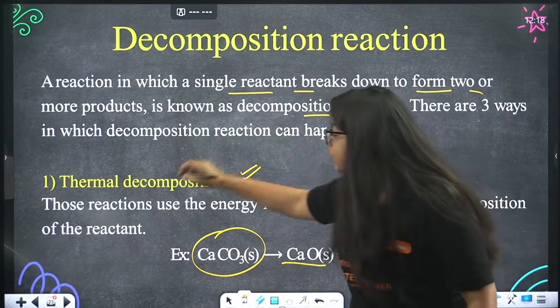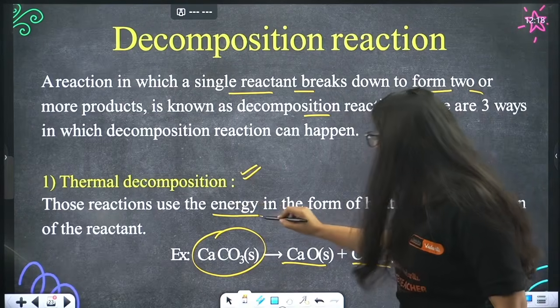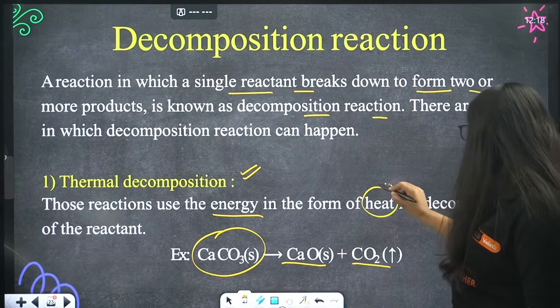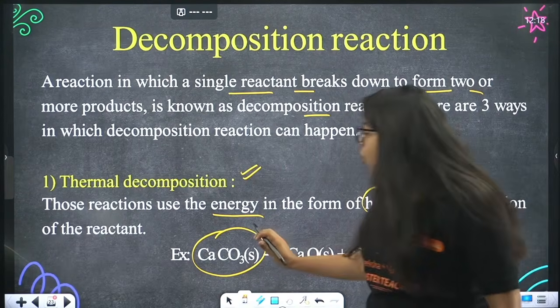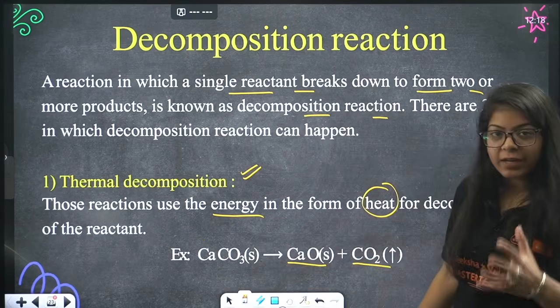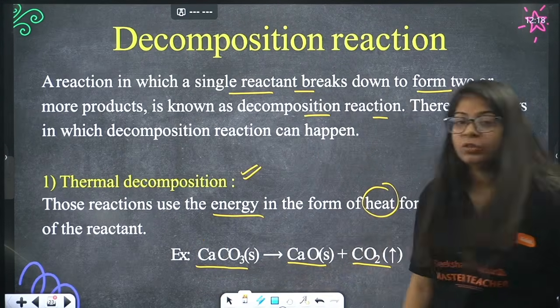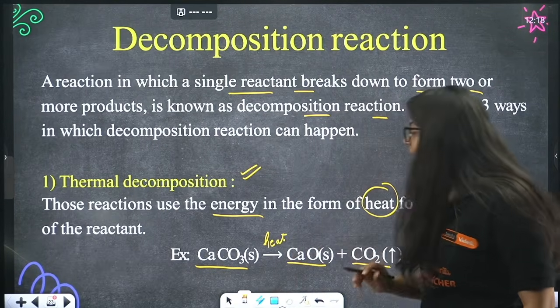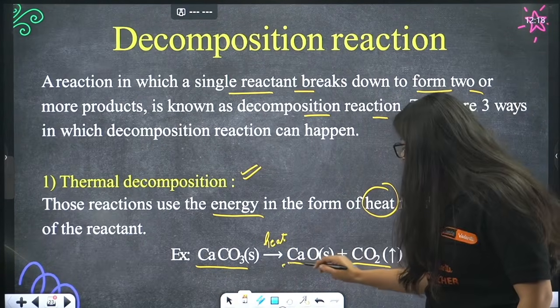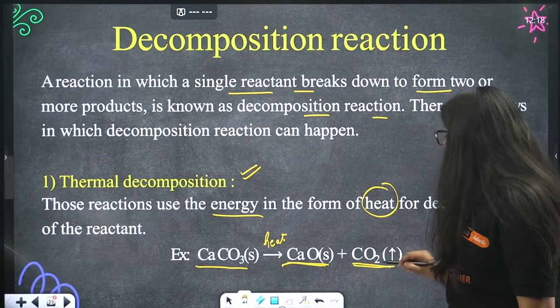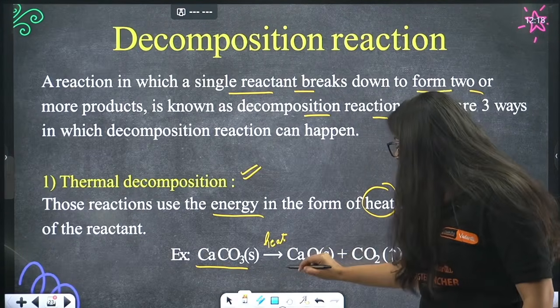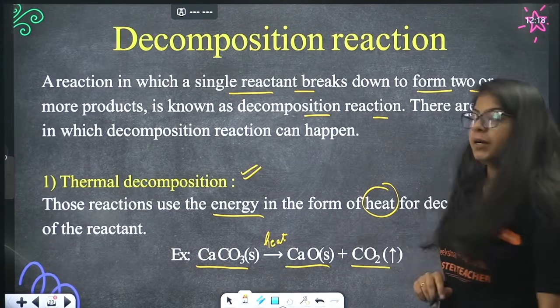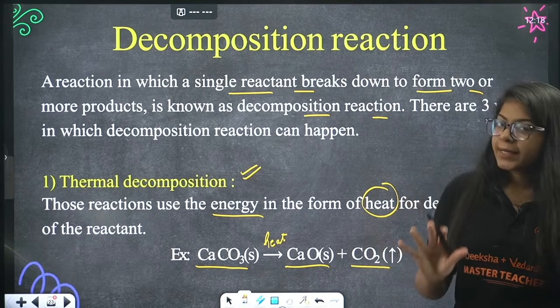So those reactions which use energy in the form of heat for decomposition of the reactant. So you have a reactant CaCO3. You gave it heat and it breaks down into CaO plus carbon dioxide, calcium oxide plus carbon dioxide. Done? Understood?